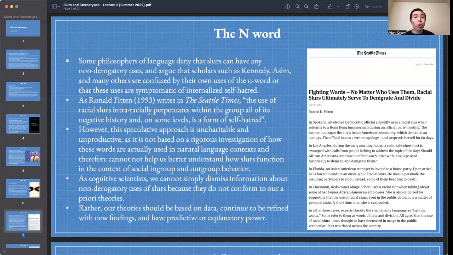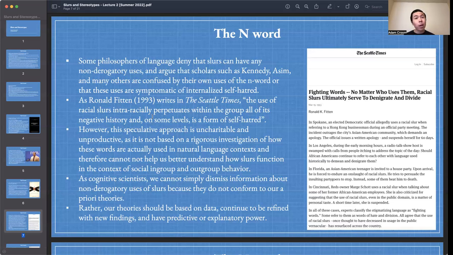It's an explanatorily weak position because we don't have anything intelligent to say about what's going on with that behavior. Instead of just saying they don't know what they're doing with their language, it's all self-hatred, we need some data or evidence to support that rather than just conjuring it up from the armchair a priori. Okay, that's the important thing.